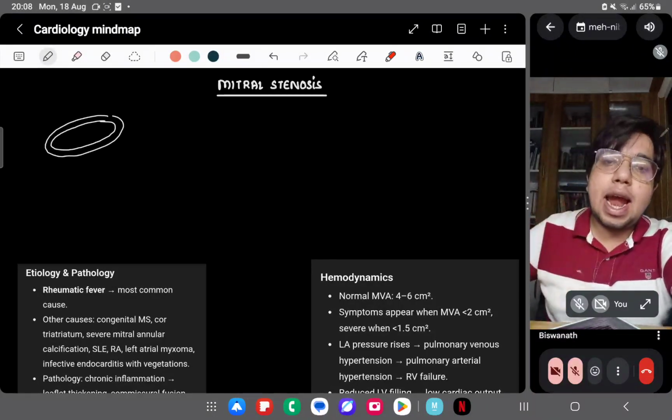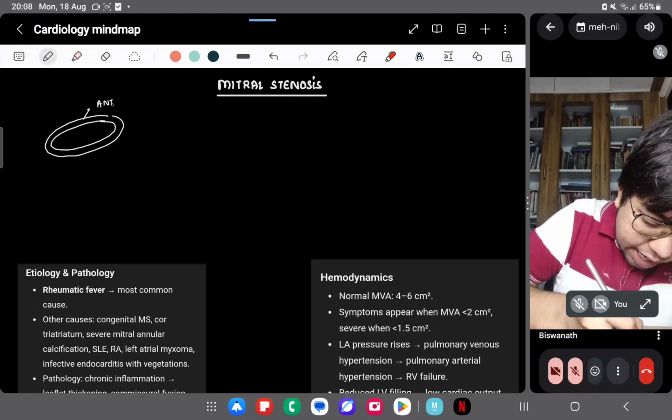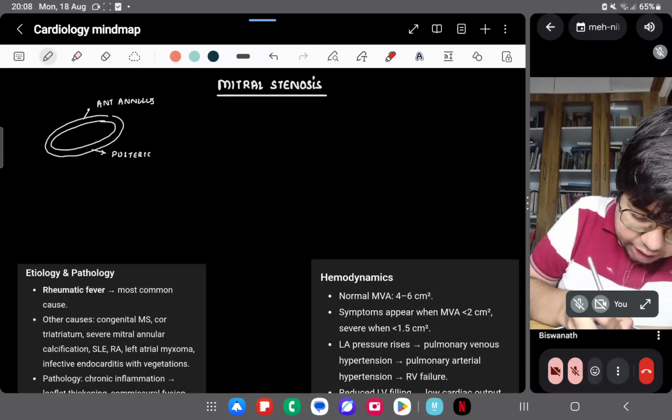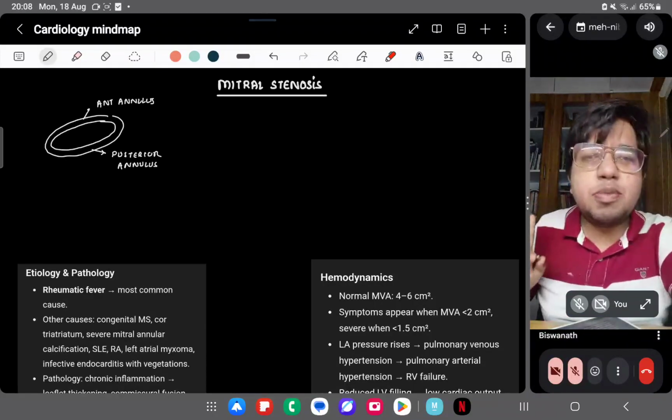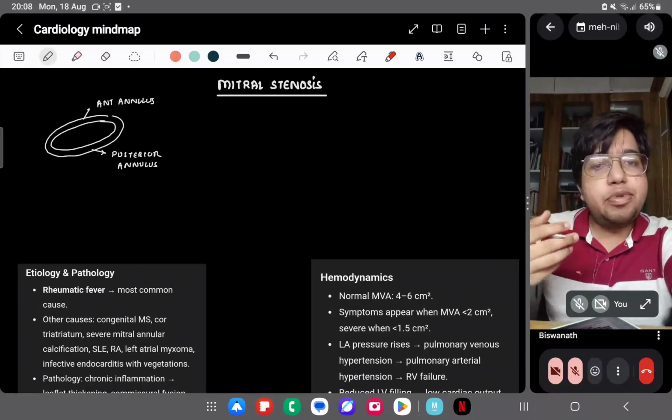This is the anterior annulus and this is the posterior annulus. This morphology is important.